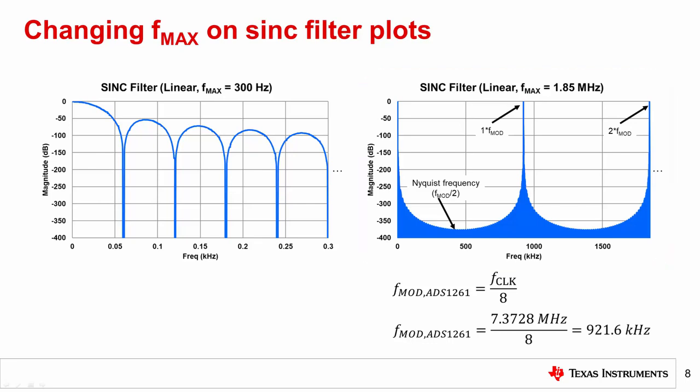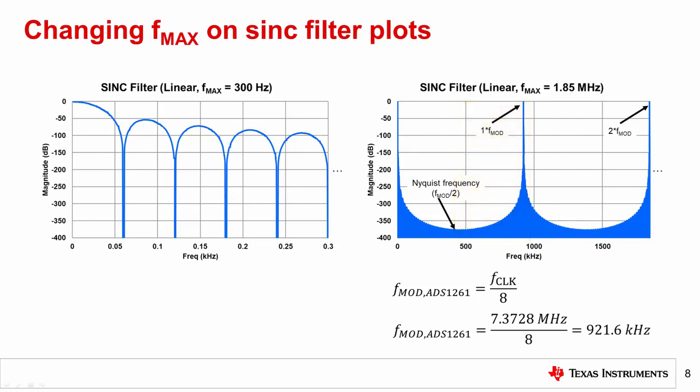Both plots shown here have a linear frequency axis, though the x-axis in the plot on the left ends at 300 Hz, while the x-axis on the plot on the right extends out to 1.85 MHz. In the plot on the right, you can see more clearly how the sinc filter acts as a low-pass filter out to the Nyquist frequency, at which point the digital filter response begins aliasing until it reaches the modulator frequency, f_mod.